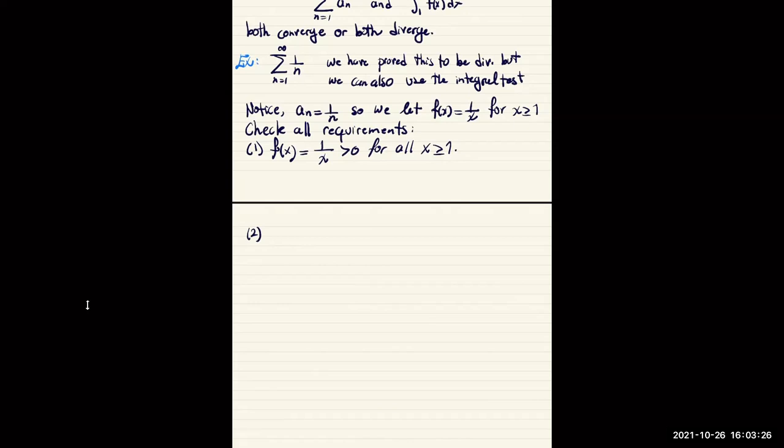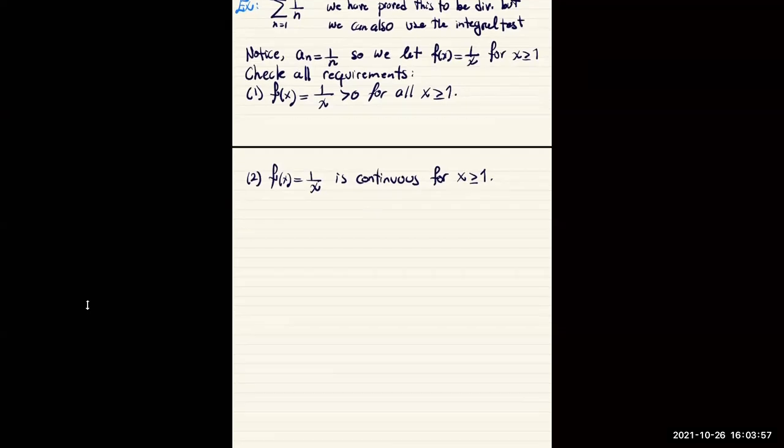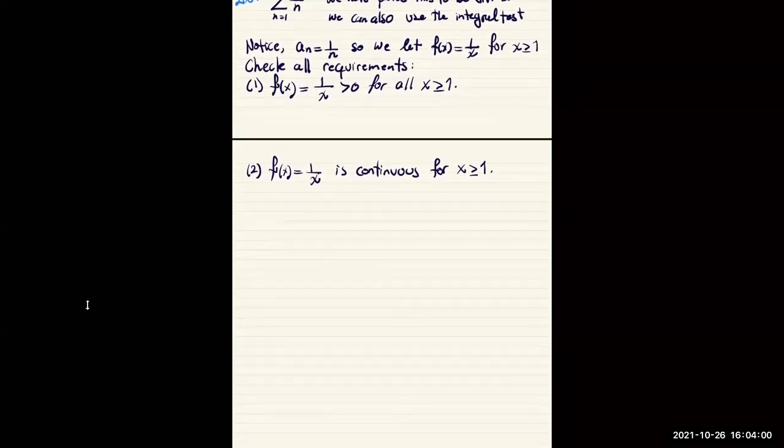The only point of discontinuity of this function is 0, and 0 is not in that domain. So just mention f is continuous for x greater or equal than 1. Yeah, a rational function, only point of discontinuity is not in that domain, so we are good.